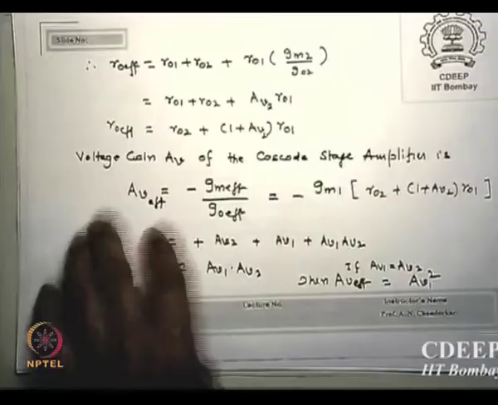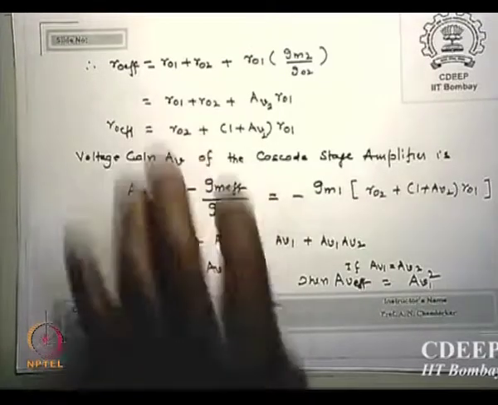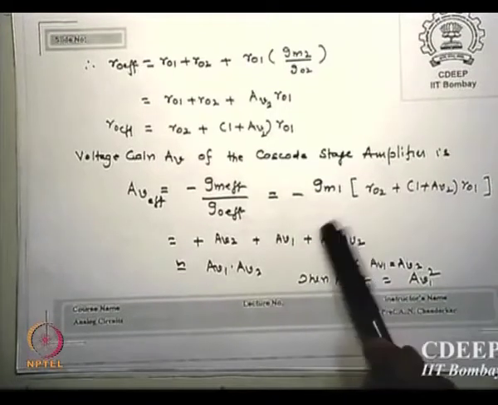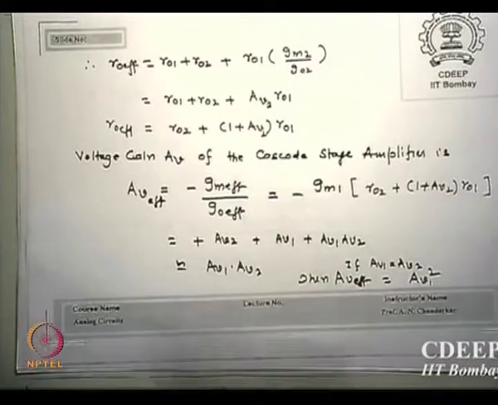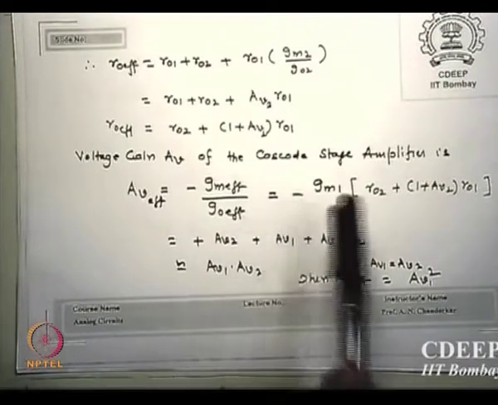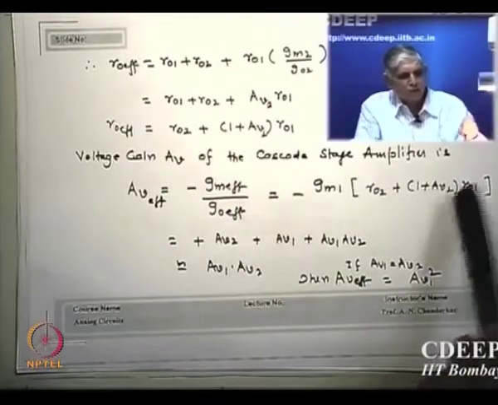Then we say AV effective is GM effective by GO effective, or RO effective essentially. So I get GM1 into RO2 plus 1 plus AV1. If I expand this, please note down this. AV effective is GM effective upon GO effective, which is minus GM1 times RO2 plus 1 plus AV2 times RO1.